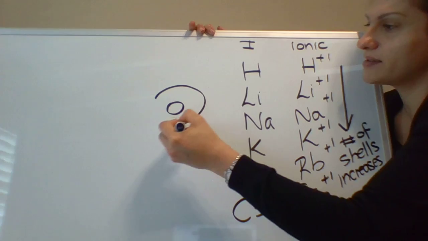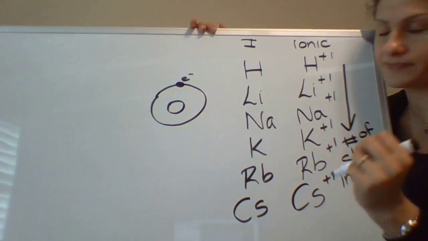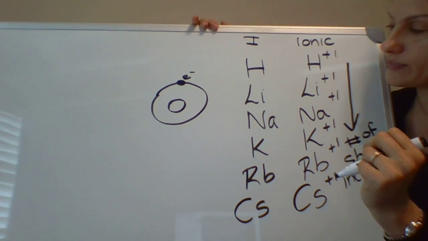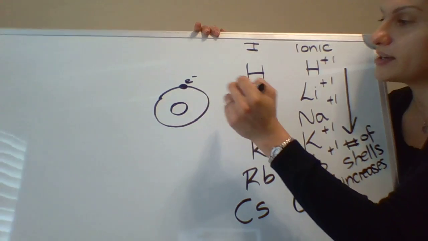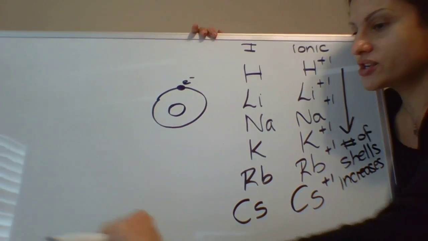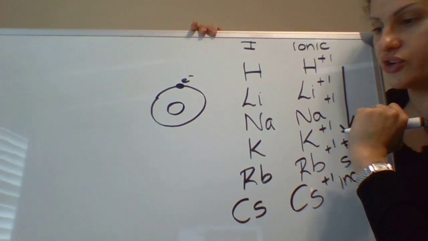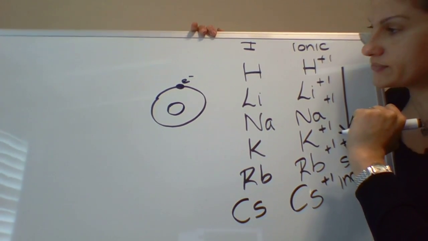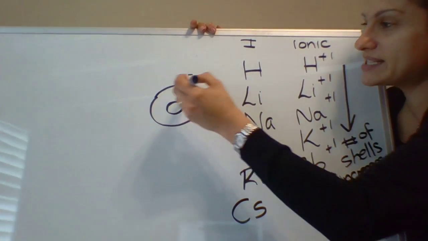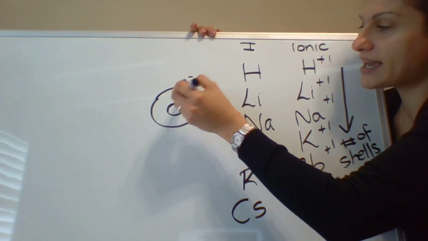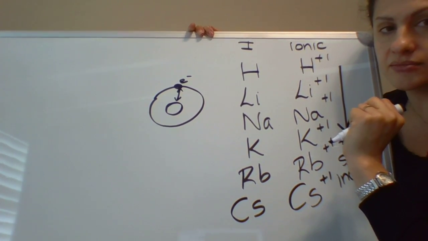Imagine the case of hydrogen, which has one valence electron. In this case, the electron is much closer to the nucleus, right? It's really, really close to the nucleus, which means the attraction between the electron and the proton is very strong.